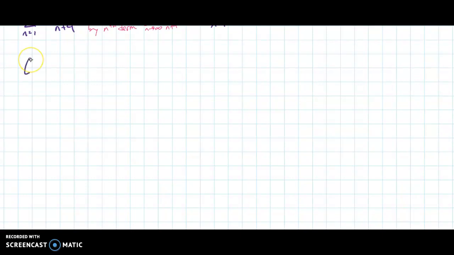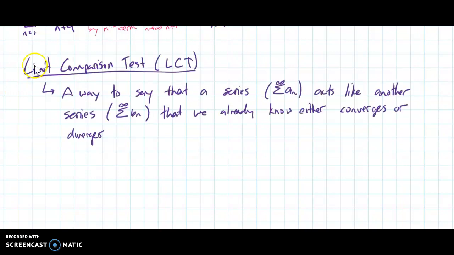All right, so the limit comparison test. We abbreviate it LCT. It's a way to say that one series, sigma to infinity of a sub n, acts like another series, sigma to infinity of b sub n, where we already know that b sub n either converges or diverges.